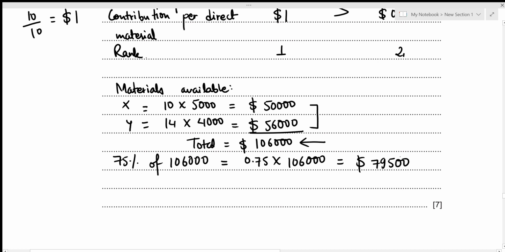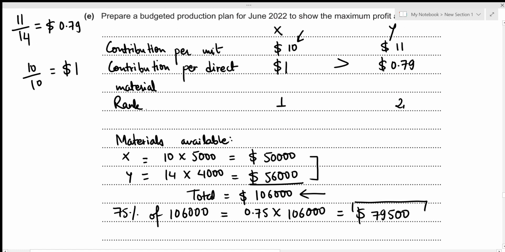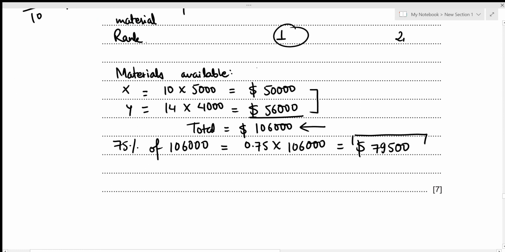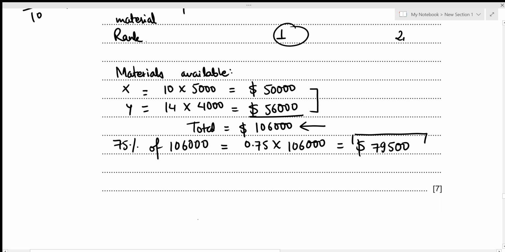So we need to allocate this value of direct materials to product X and product Y based on our priority. And like I said before, we are prioritizing product X, which means that we need to fully produce product X. So previously we had been producing 5,000 units of product X. So let's allocate that particular materials. So now the allocation.